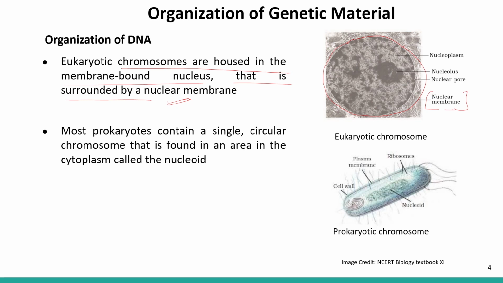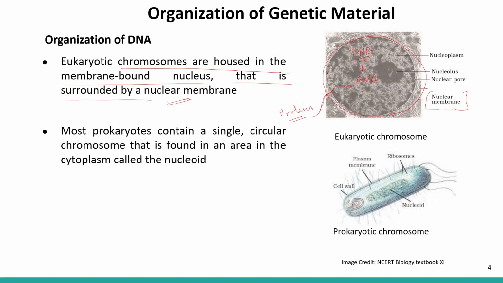The nuclear membrane has nuclear pores, which are very important, because DNA is present inside the nucleus and RNA is synthesized from it. Protein synthesis takes place outside the nucleus, so this RNA has to pass outside through these pores. This is very important.